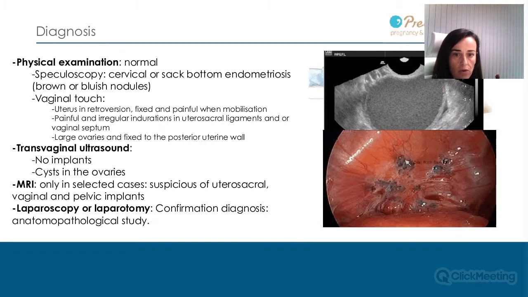These brown pieces are implants of endometriosis in the wall of the bladder. So when we make a laparoscopy, we can take a biopsy of these implants and have an anatomopathological study to confirm this.